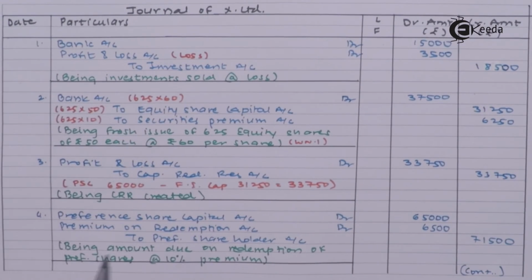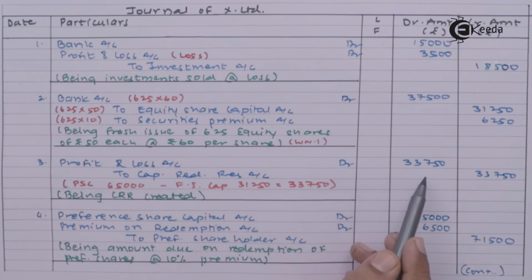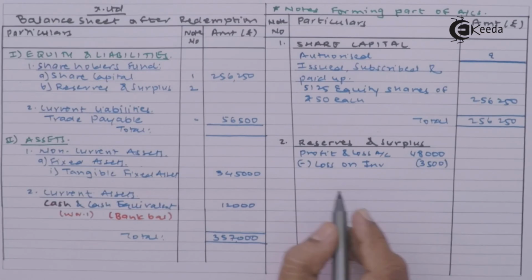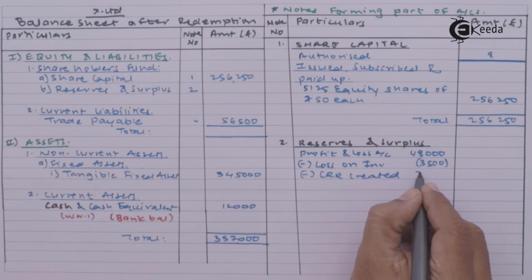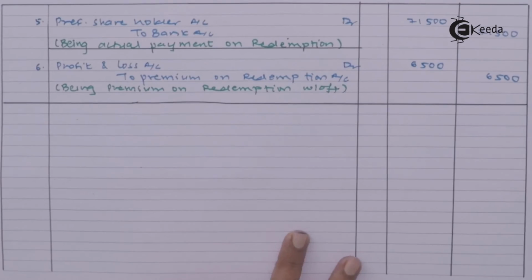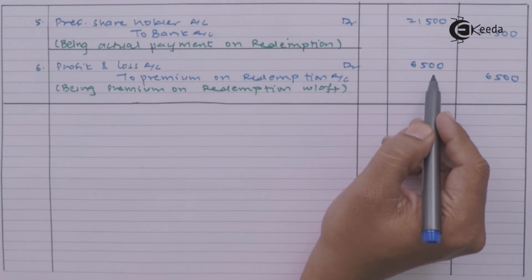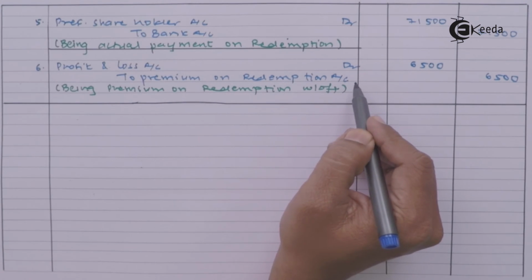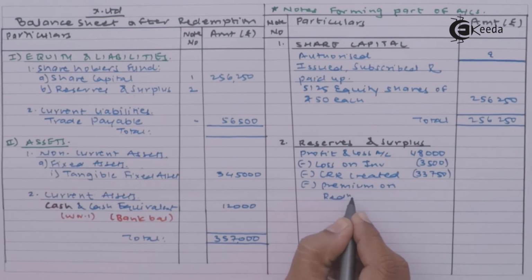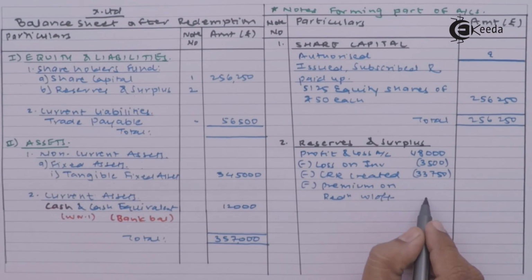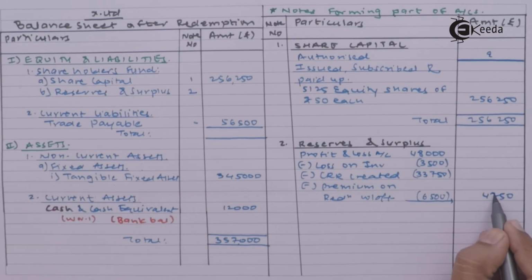Next, again the P&L account is debited for creating CRR, 33,750. In my last entry, I debited the P&L account again for writing off premium on redemption. My P&L account has come to 4,250.